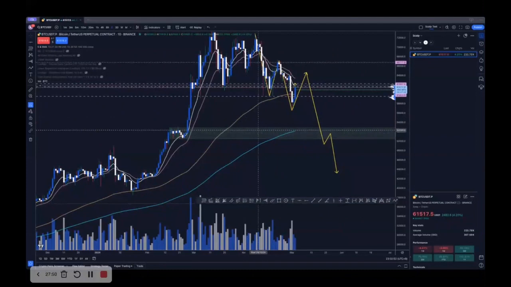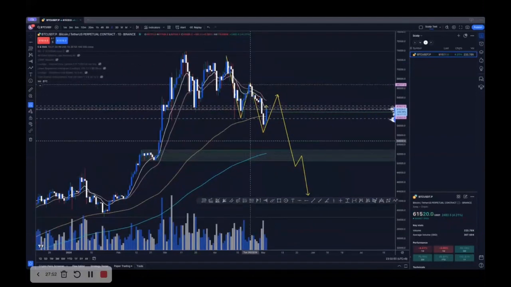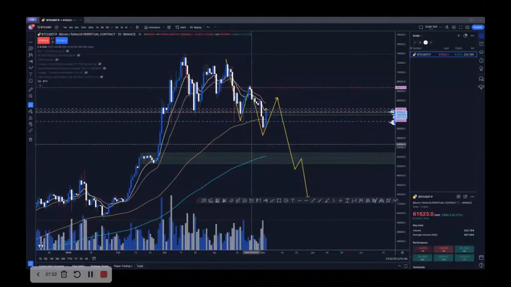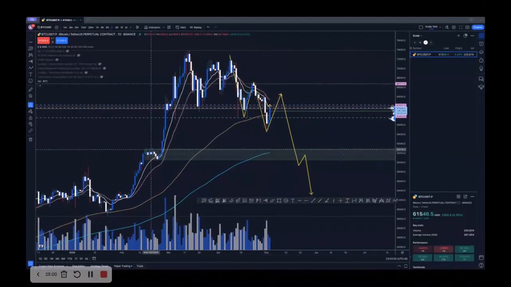We don't have a lot of the ETF money. There's really no reason for us to break below the EMA 200, in my opinion. And we have a very strong zone at this level. So I don't doubt there's potential we can tap into this zone, potentially grab some liquidity here to go back up.